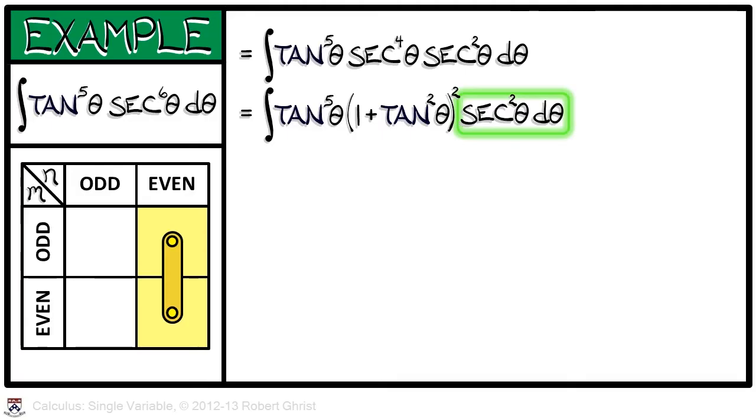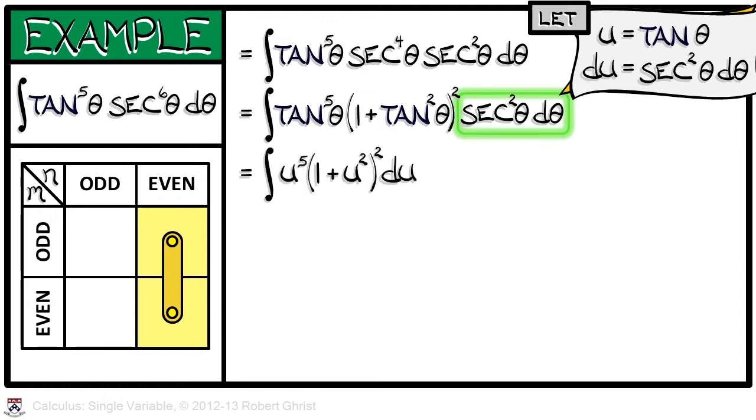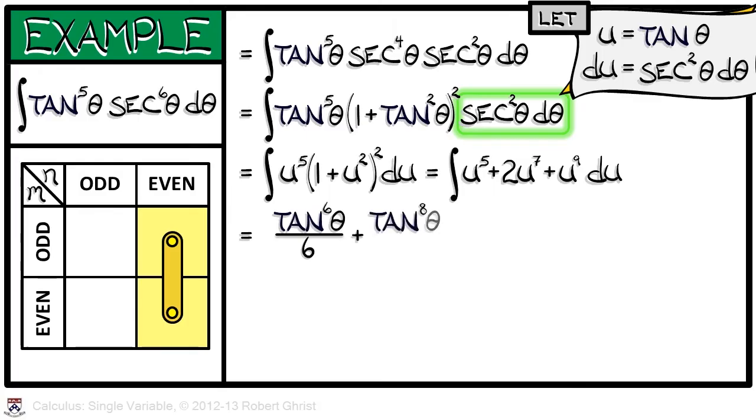This means that when we do the substitution u equals tangent, we have a copy of du sitting right there to be absorbed. This yields a polynomial integral of the form u to the fifth times quantity 1 plus u squared, squared. By expanding that out, integrating that polynomial, and substituting back in tangent for u, we easily obtain the answer: tangent to the sixth over 6 plus tangent to the eighth over 4 plus tangent to the 10th over 10 plus a constant.